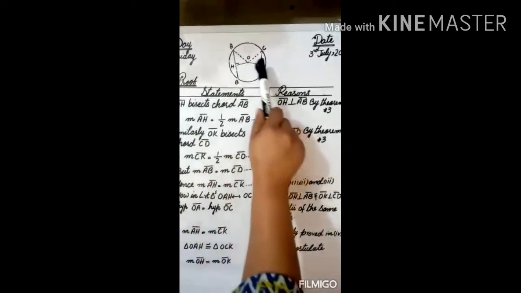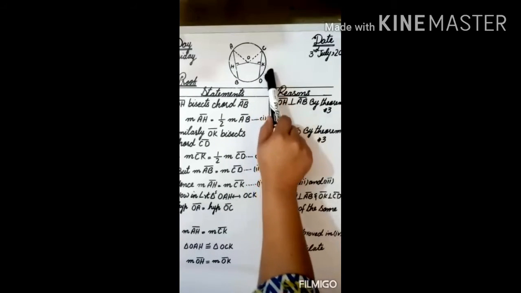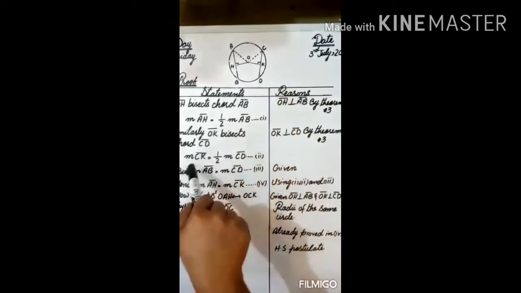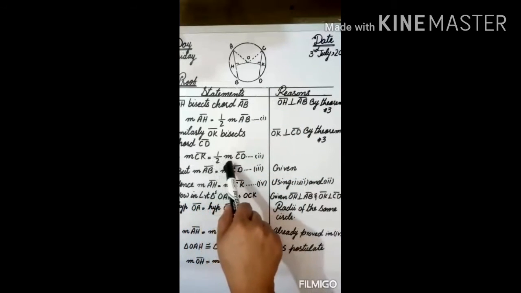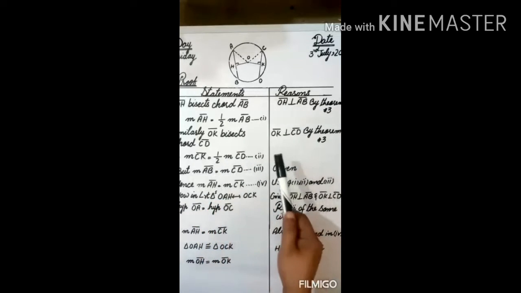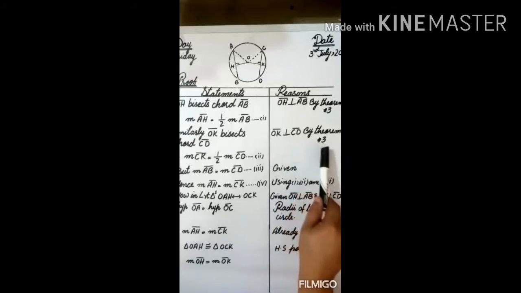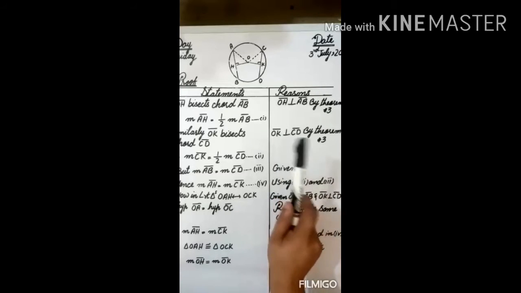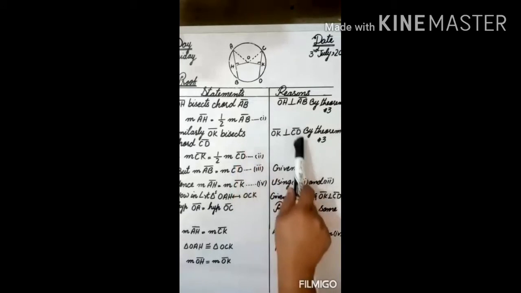Similarly, they are saying that OK bisects the chord CD and, as a result, measurement CK is equal to half of measurement CD. This is equation number 2. Again in the reason they are saying OK is perpendicular to CD by theorem number 3. Again I will tell you what theorem number 3 is: a perpendicular from the center of a circle on a chord bisects it. How is this theorem applying here?